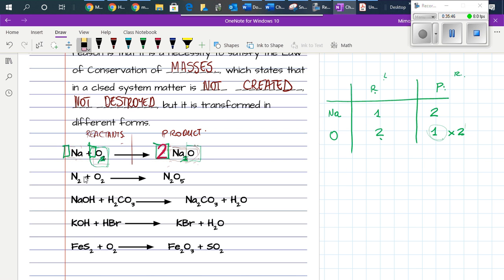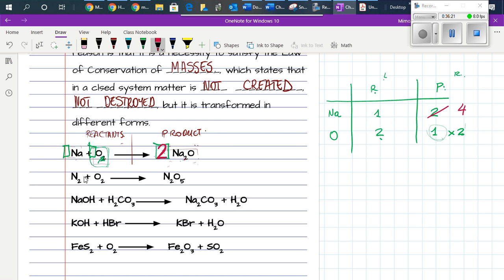By adding this 2 here, we are affecting sodium now. By adding 2 in front of the compound that has oxygen, we are affecting the number of atoms for sodium. So now sodium is becoming 4 because 2 times 2 is 4.